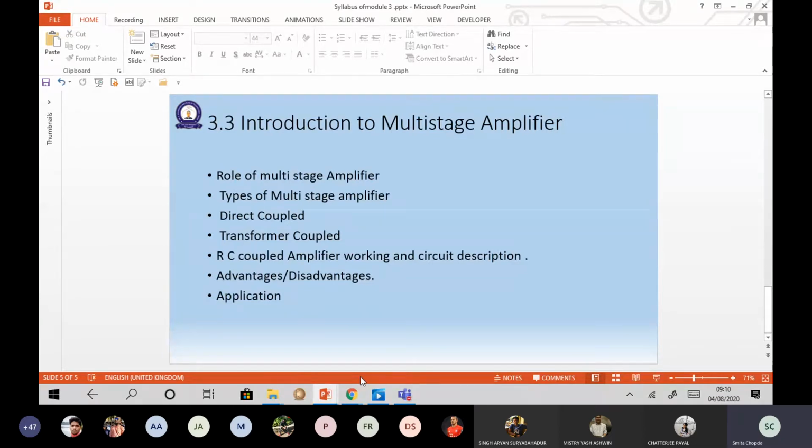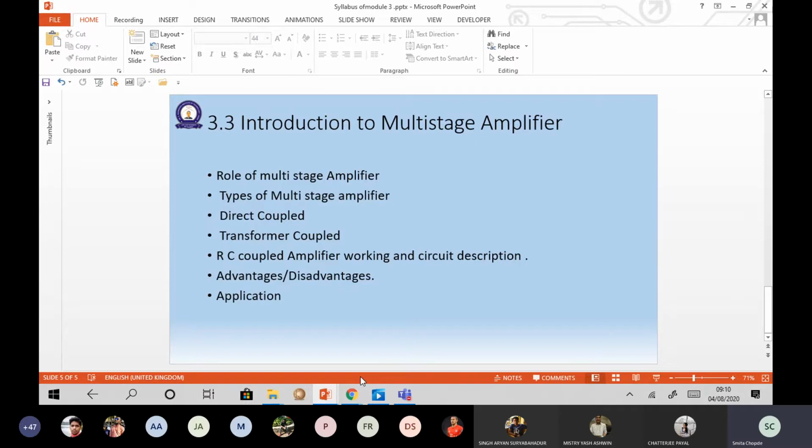After studying this module, your objective behind learning this particular module is to get you aware of the AC models that exist, that is the hybrid pi model, RE model and R pi model, and then their analysis based on DC analysis as well as AC analysis.